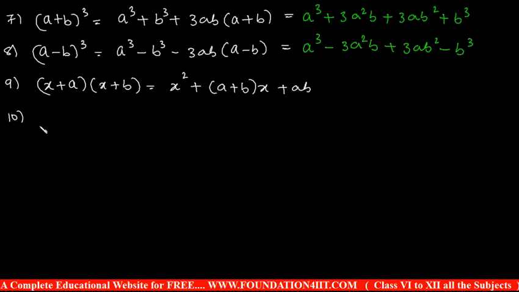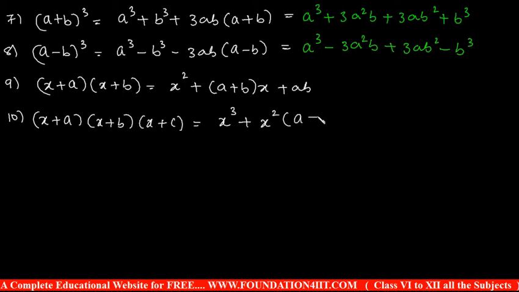And for three expressions, x plus a into x plus b into x plus c, the formula starts with x cube plus x square into a plus b plus c, plus x into ab plus bc plus ca, plus abc, in cyclic order.